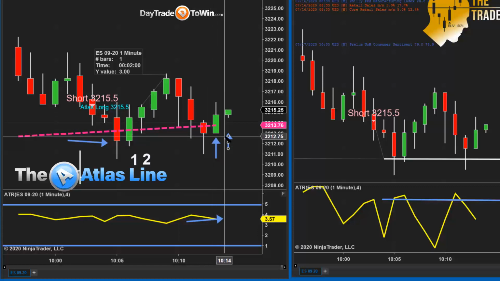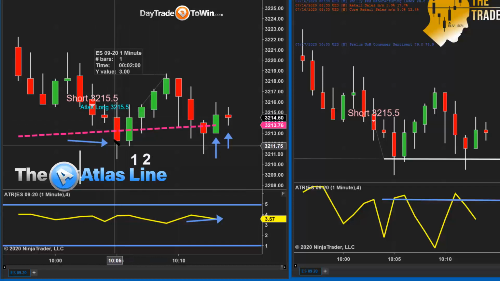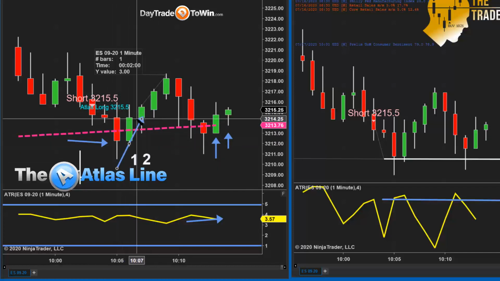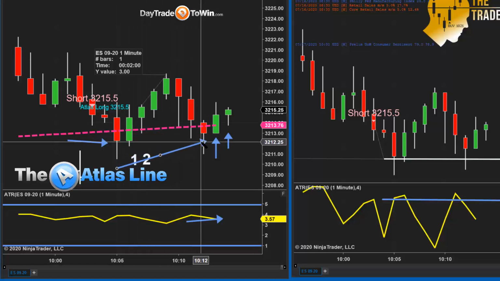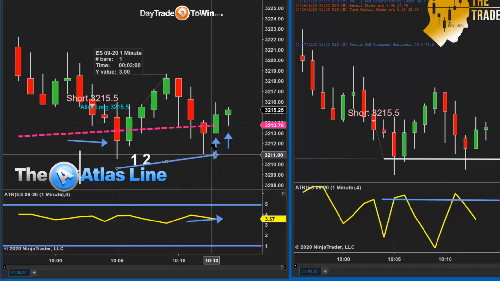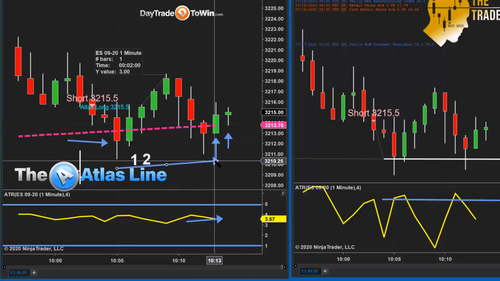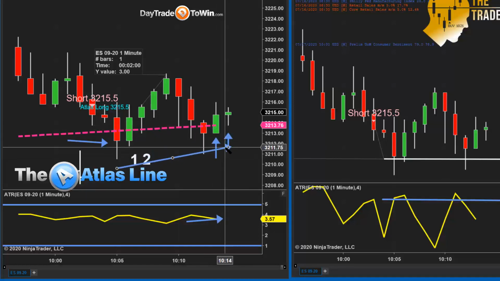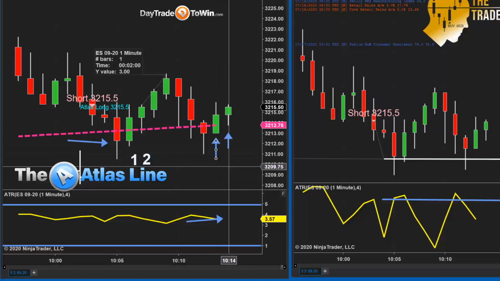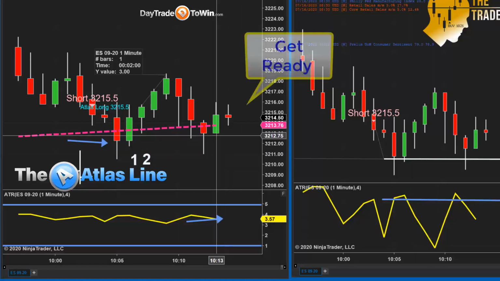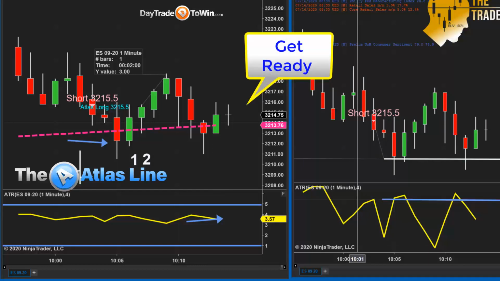If this candle also now closes a second time consecutively above the Atlas line, we'll see another long signal, similar to what happened here, where it came down here to reset, then we have 1, 2. So if this is the reset, it never gave you the opportunity to close with a second consecutive candle below the Atlas line. This may be another opportunity to go long, and you'll see it in a moment. As soon as that candle closes, and if it stays above the Atlas line, it'll be an opportunity to go long.